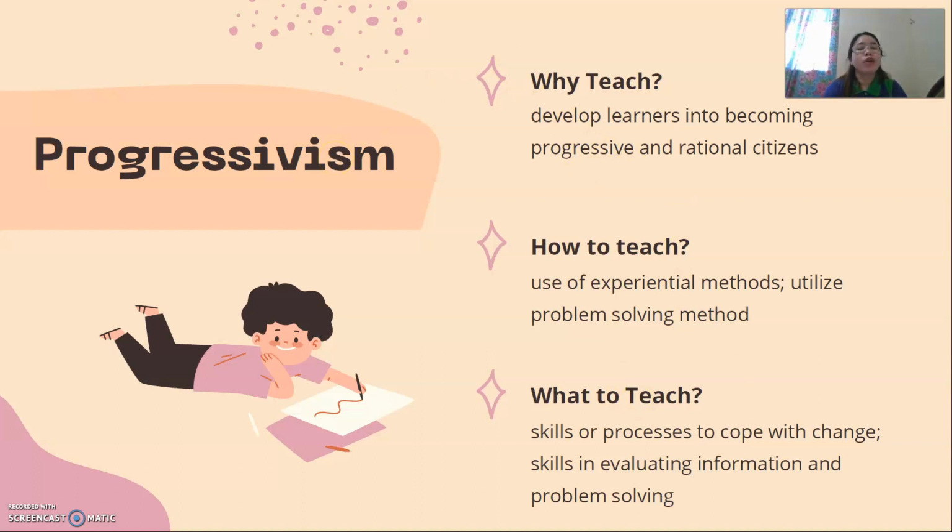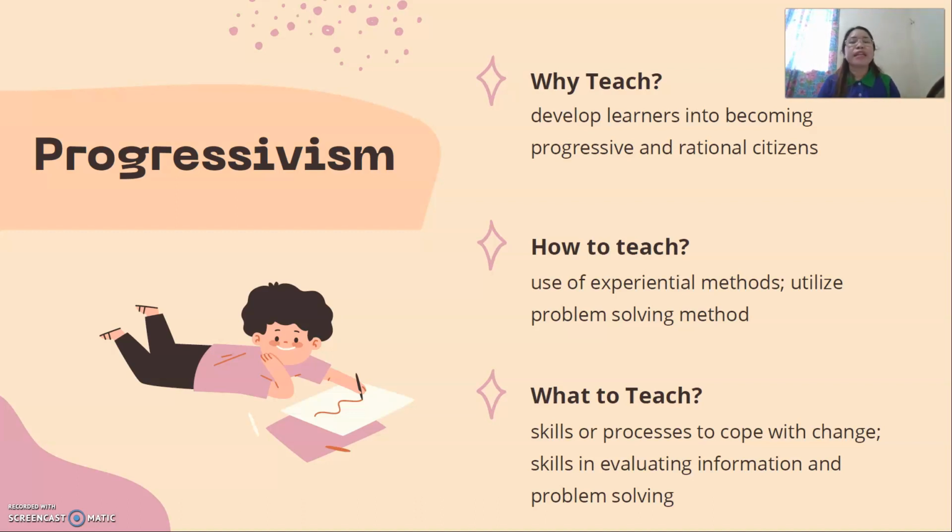So first, again, we will talk about progressivism. As teachers, why do we teach when we adhere to this philosophy, when we believe in progressivism? Why do we teach? What is our belief of why we teach to our learners?